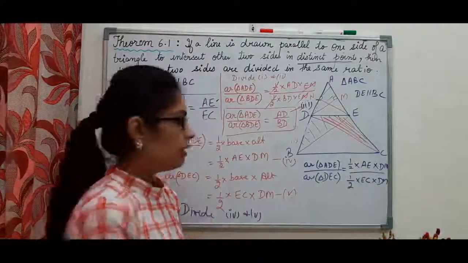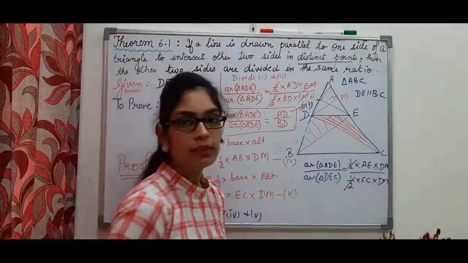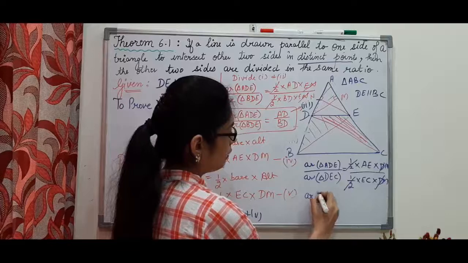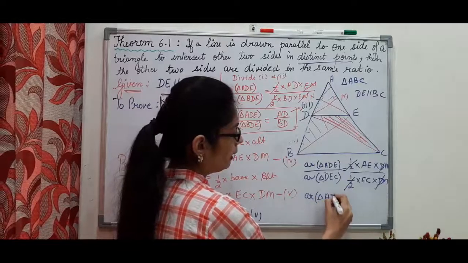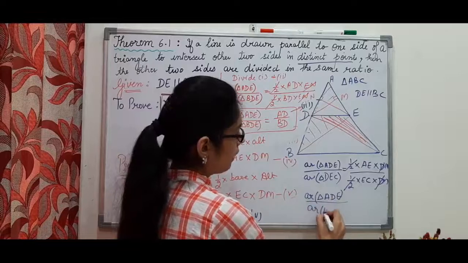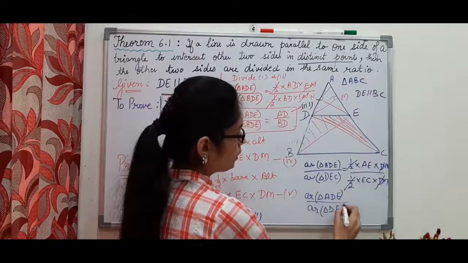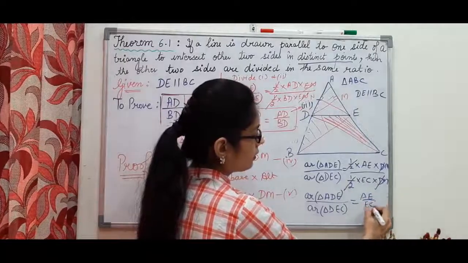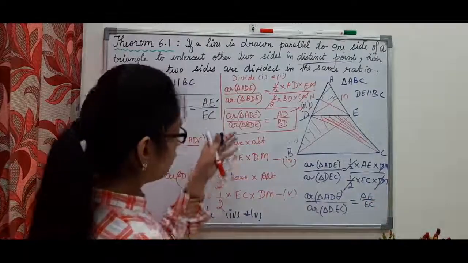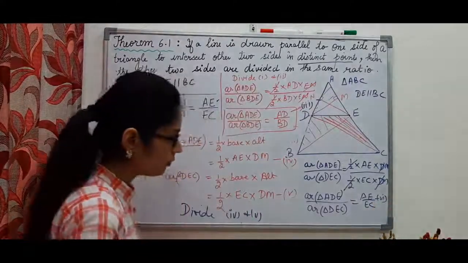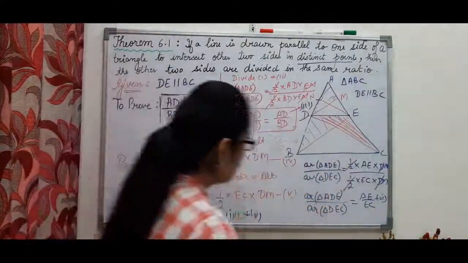In the same way, 1 by 2 and 1 by 2 get cancelled, DM and DM get cancelled. So I am left with area of triangle ADE upon area of triangle DEC, which is equal to AE upon EC. So we can mark this as our sixth point. Okay. Now what do we have to do?